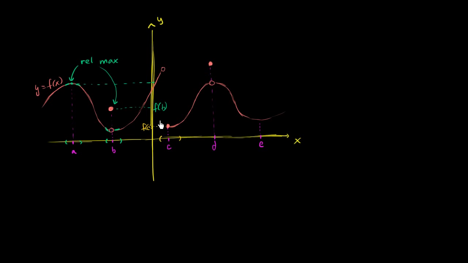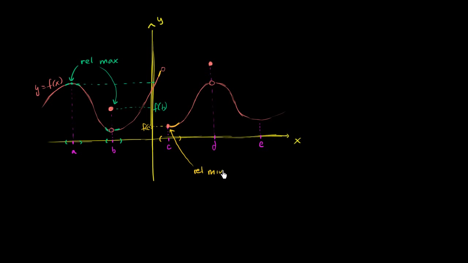Well, in this open interval, the way I've drawn it, the f of x's are here and they are over here. So it looks like f of x is always greater than or equal to f of c. So by the definition of a relative minimum point, this meets it. So that actually is a relative minimum value.